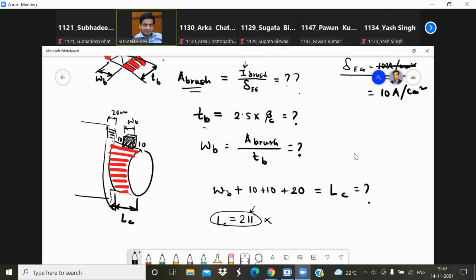If you take a larger overlapping area, that means you take 3 times of BC, then 211 becomes very large, a big percentage of the overall length. Check it. What is your overall length? Around 500.